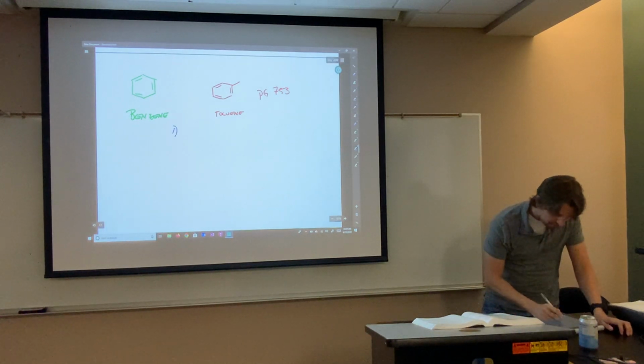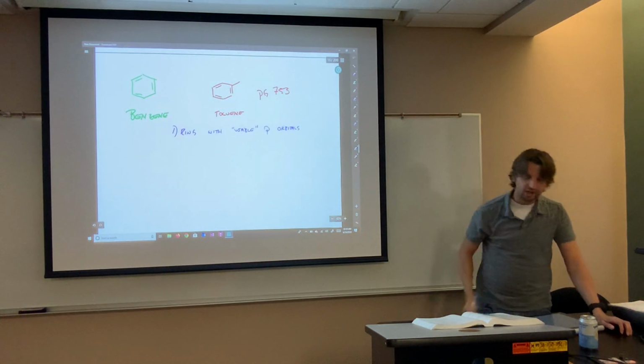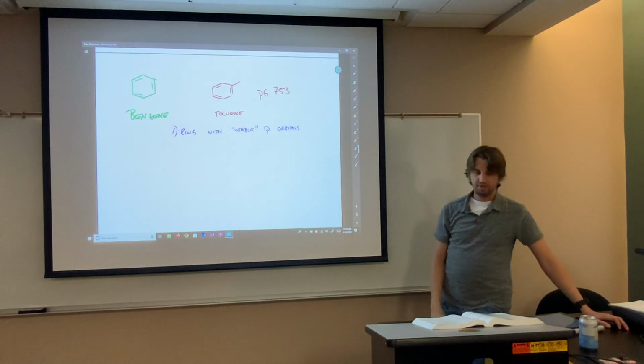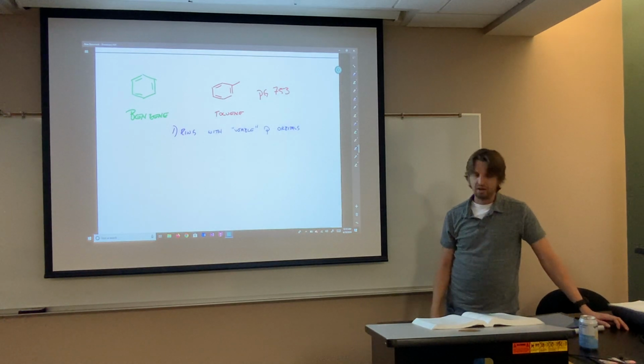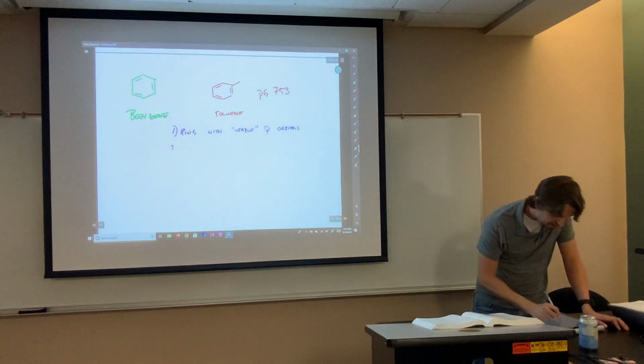So one, a ring with, I'll put it in quotes, usable p orbitals. And I'm being vague, but if you've read ahead, which I hope you have, then you'll see what we mean by usable p orbitals here in just a second. And two, we have to have a Huckel number of electrons.